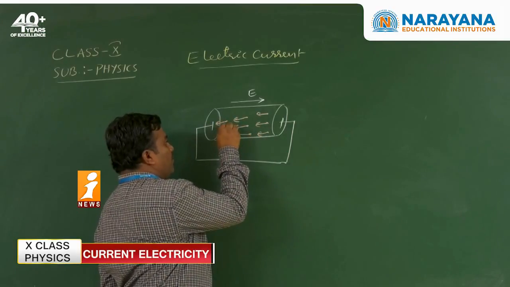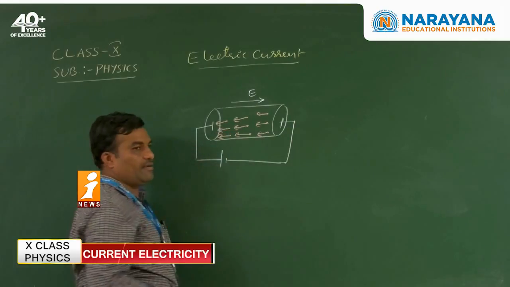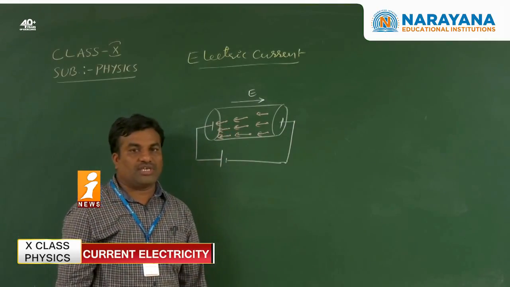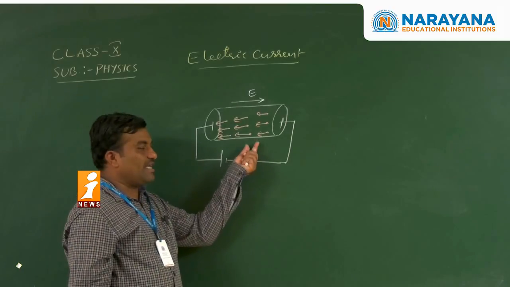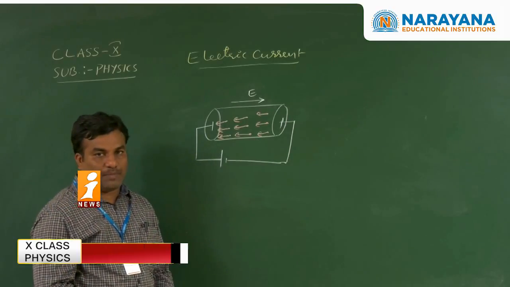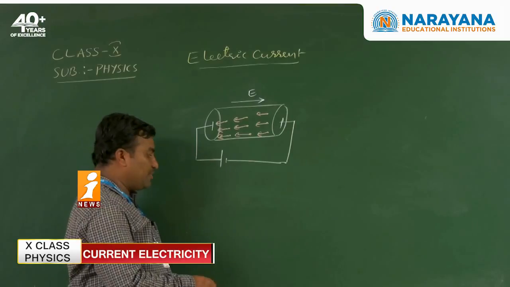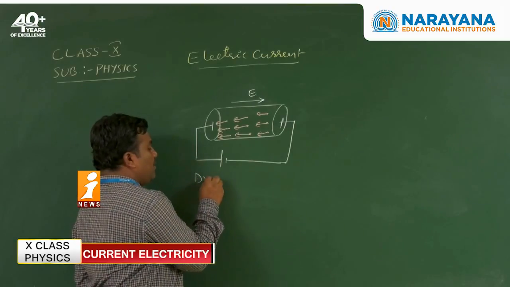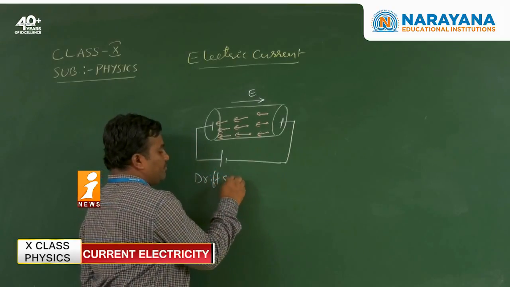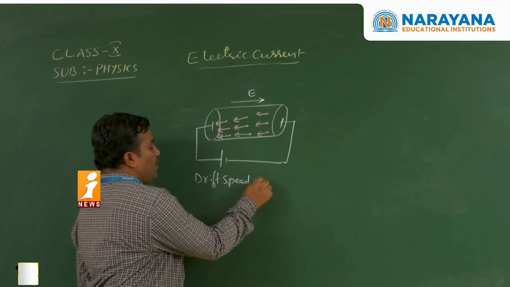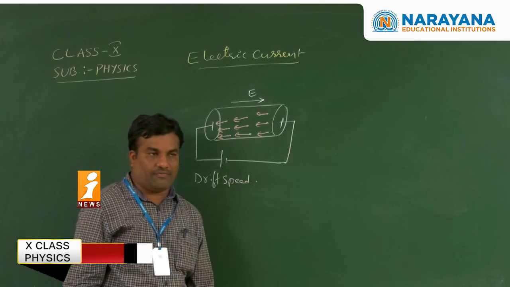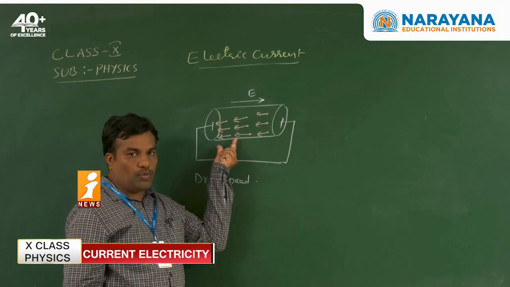The average speed between two successive collisions of electrons is called the drift speed. What is the drift speed? It is the average speed of electrons between the two ends.